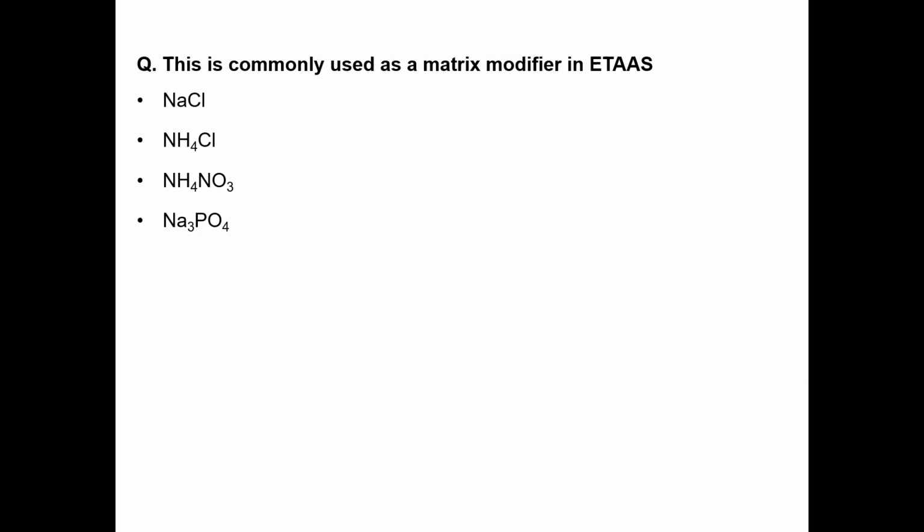Next is related to the matrix modifier. Which chemical is used as a matrix modifier in this technique, electrothermal AAS? Sodium chloride, ammonium nitrate, or sodium phosphate. There are many matrix modifiers, but the most commonly used is ammonium nitrate.